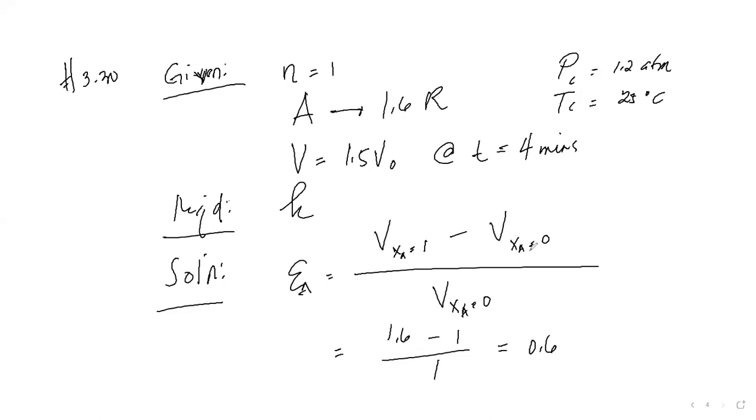And the volume at 0% conversion, or initially, is the coefficient of your reacting species. Or if you have several, you just add them. Okay, that's your epsilon A here.